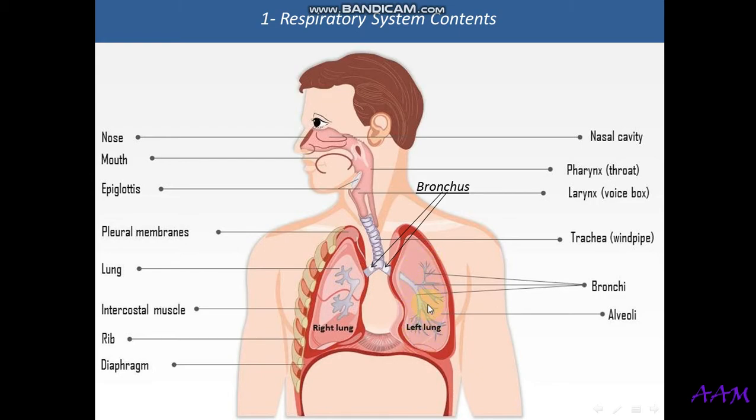I don't know how many there are, but each one will end up in an air sac. And this is the lung, and this red thing here is the rib muscles, and here is the diaphragm.